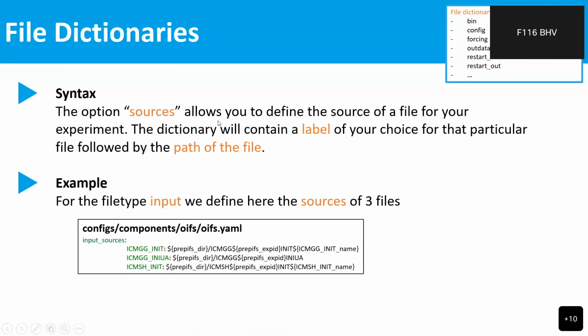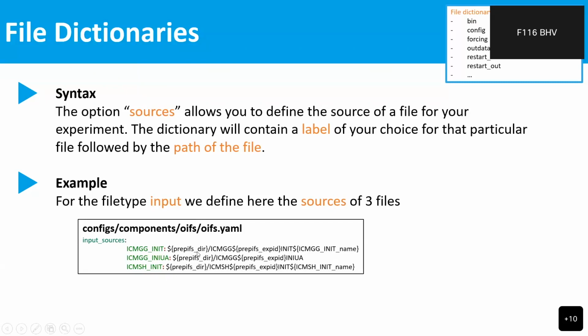So let's start looking at the sources option. For example, we say that we have a type of file that is called input, and that's basically input files. And we add the option sources, where, in the first part of the dictionary here, there is a label for that file, kind of a tag that we can refer to in other places. And then comes the path for the file.